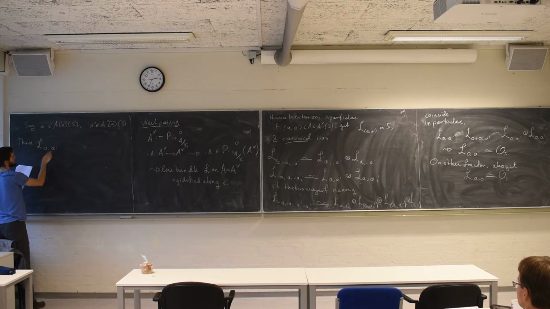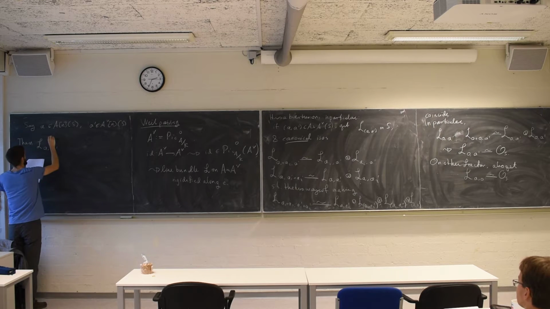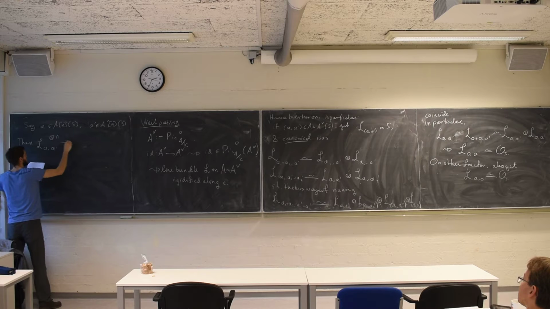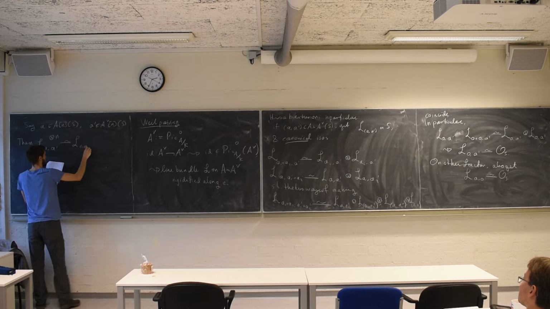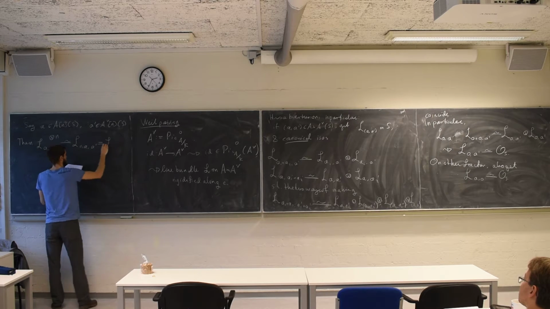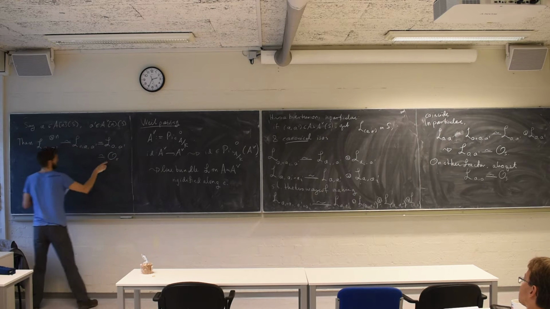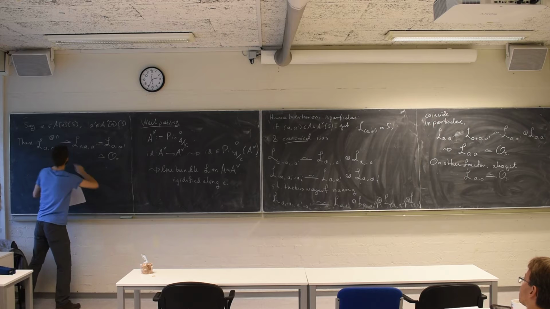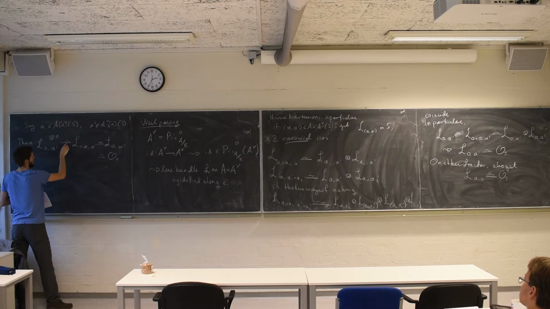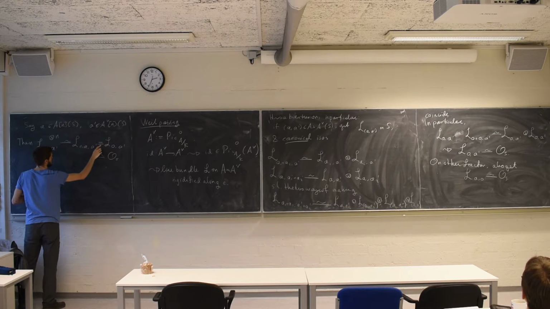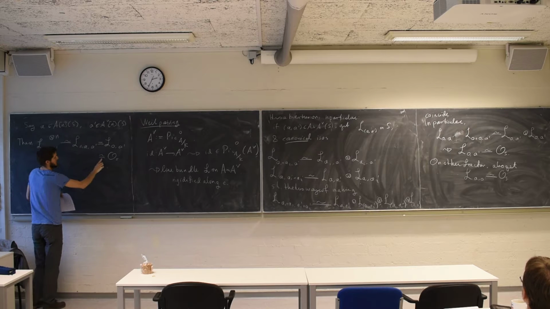So let's look at the fiber L(A, A prime). If we take the nth tensor power, then by following through, we have our canonical isomorphism here, we have our equality and another canonical isomorphism, which if you like is the rigidification.